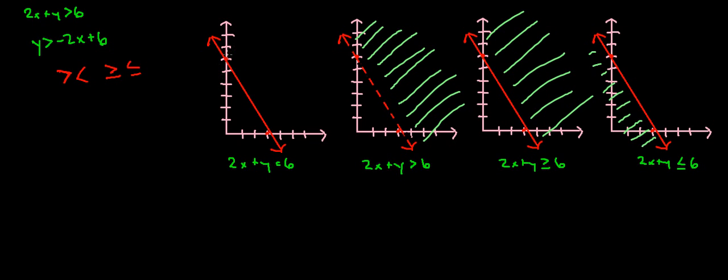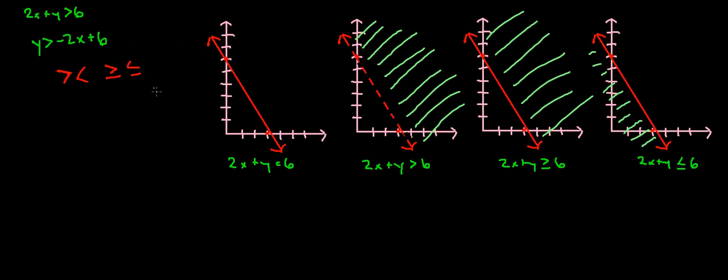And I have to shade things above or below because it includes all points that are greater than or equal to. For 2x plus y, I could say x is equal to 1,000,000 and y is equal to 3. I could say x is equal to 1,000,000 and y is equal to 4. X is equal to 1,000,000, y is equal to 5. Or I could say x is equal to 2, y is equal to 1,000,000. And all of those values would be greater than 6.